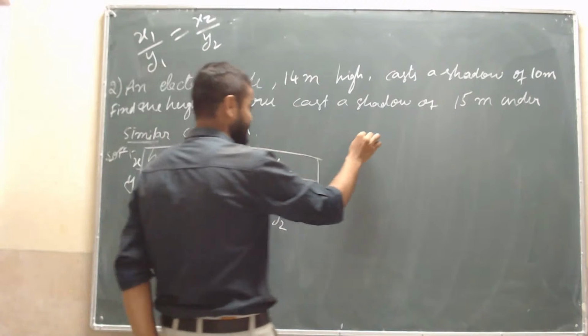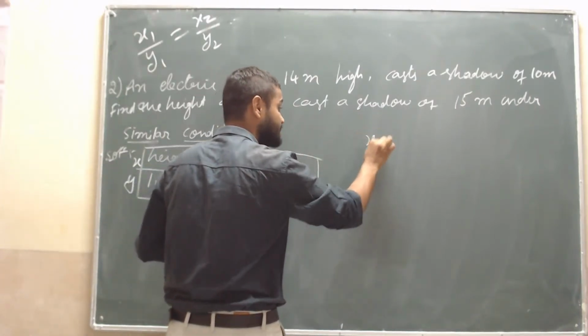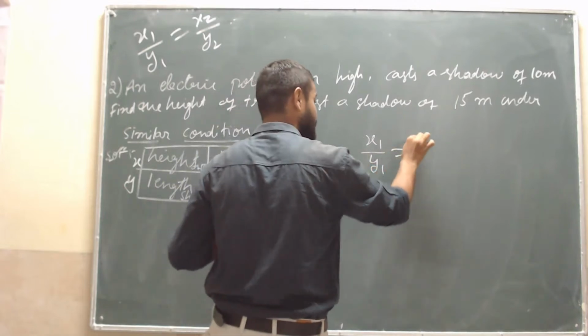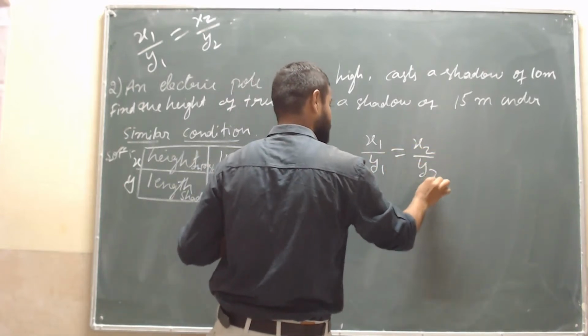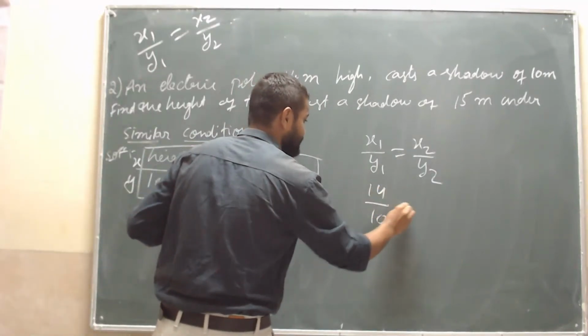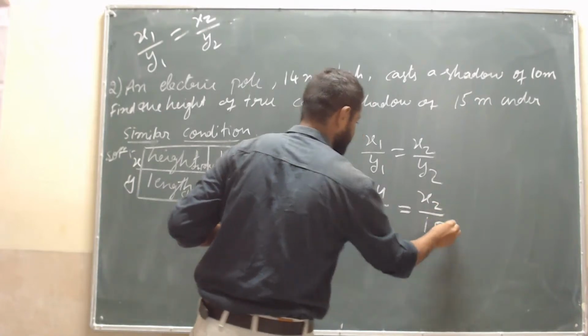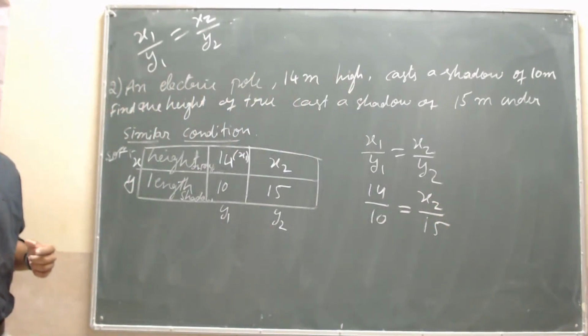Concentrate here. We know the direct proportionality formula is x1 by y1 equal to x2 by y2. So 14 by 10 is equal to x2, which we don't know, by y2, which is 15. Now calculate.